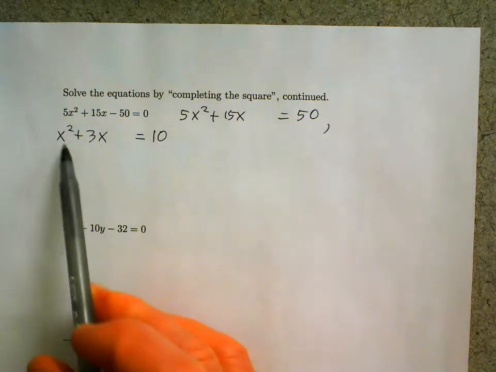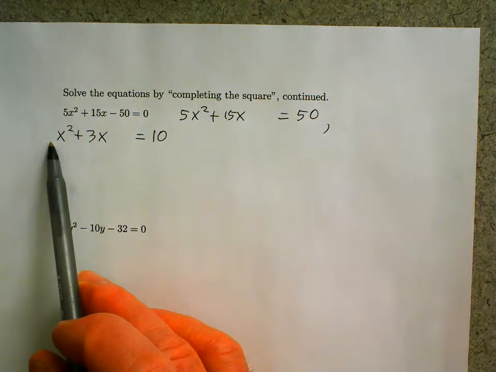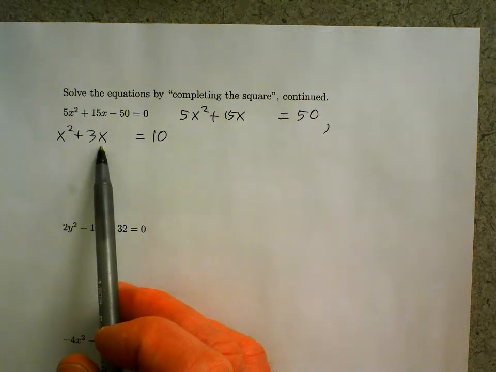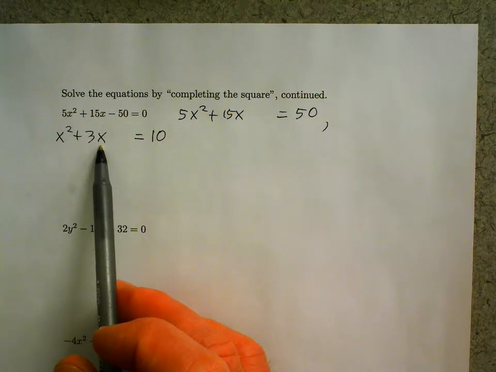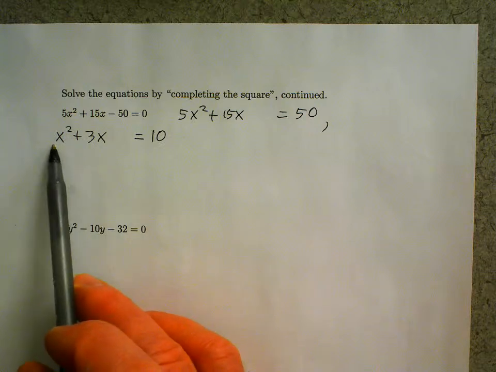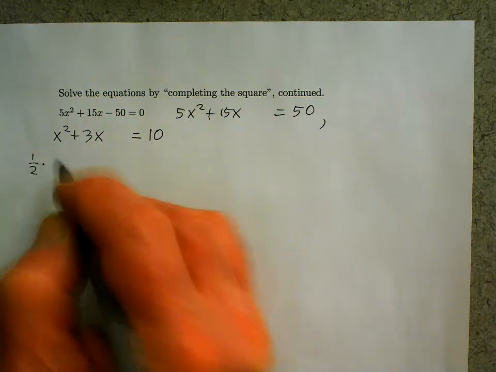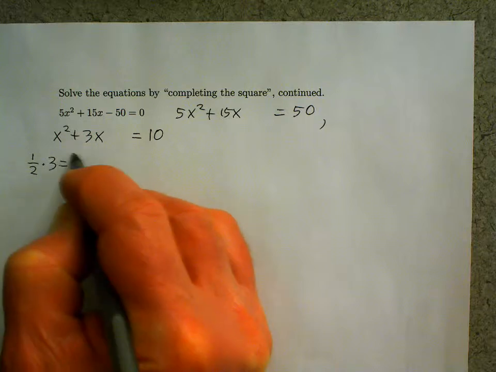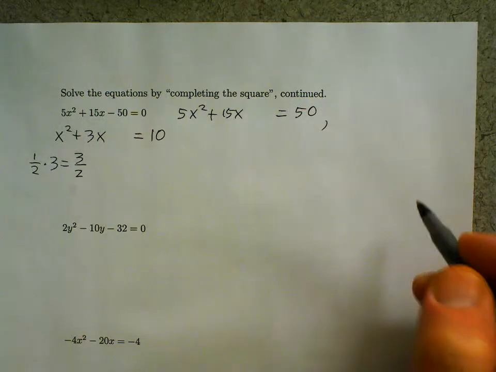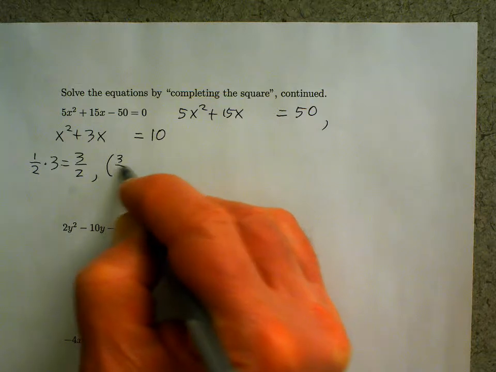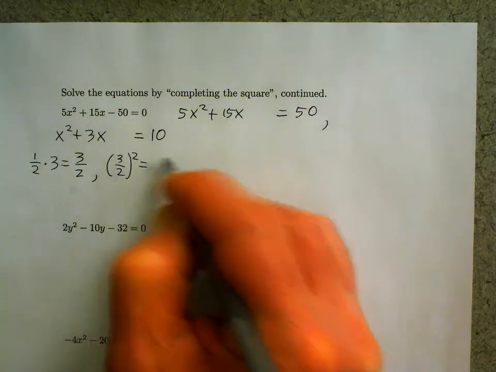Now that the coefficient of x squared is 1, we can create a perfect square trinomial. So now that the coefficient of x squared is 1, we take 1/2 of the coefficient of x. 1/2 of 3 is 3/2. Then we square that number 3/2 to get 9/4.